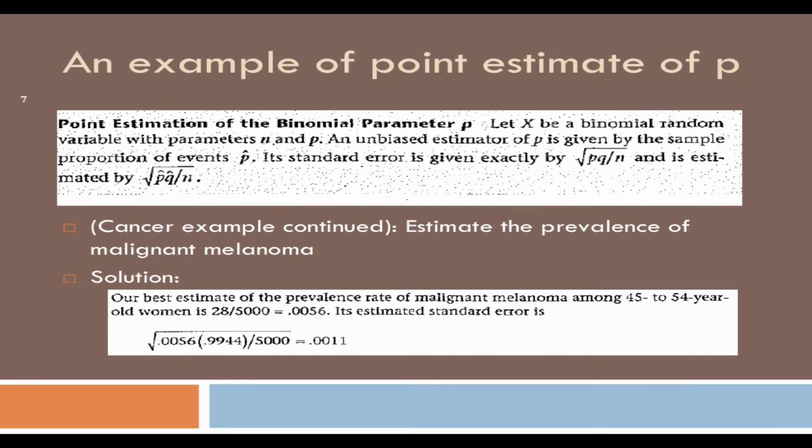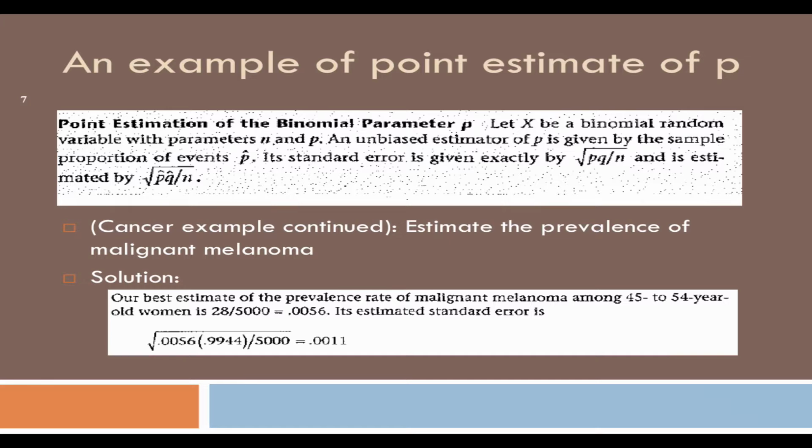So it's 5.6 times 10 to the minus 3. And then its standard error is square root of p times 1 minus p over 5,000. So it's 0.0011. So this is how you plug in the exact numbers in the example.